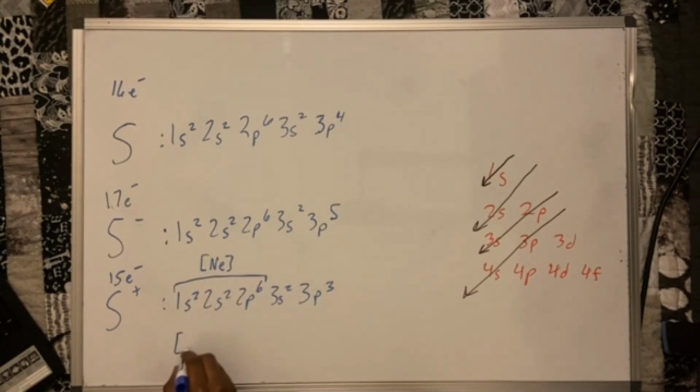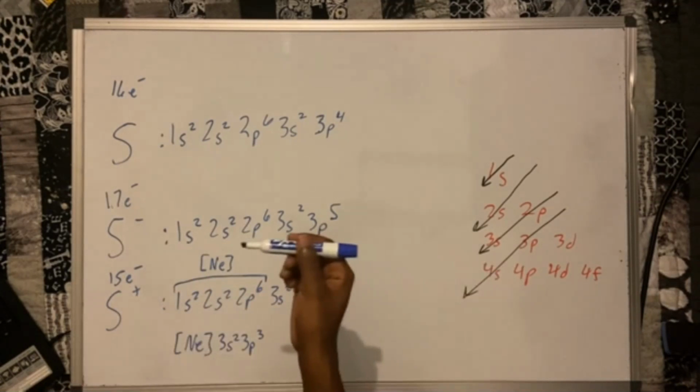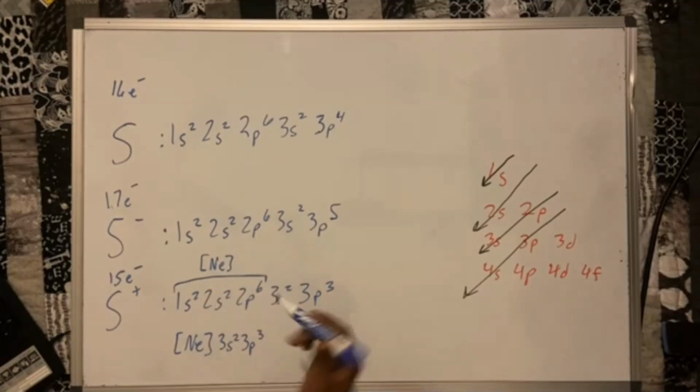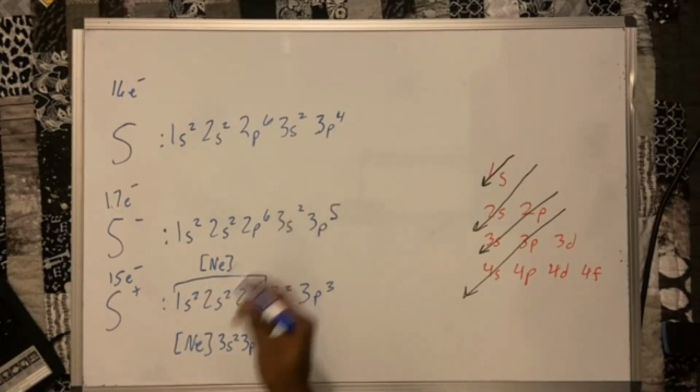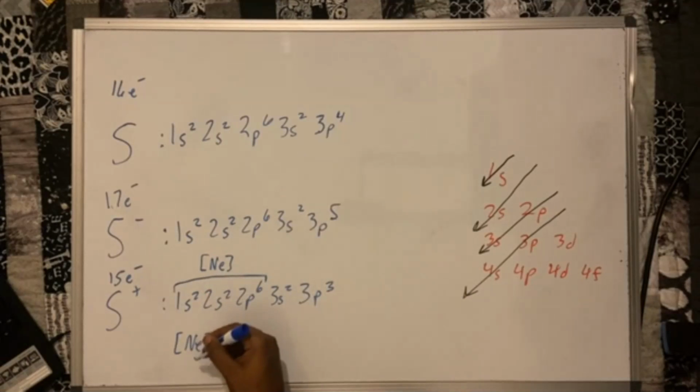So it'll look like neon, 3s2, 3p3. If you do it this way for any element, it's the noble gas that comes before, following the rows this way and then up. So neon's the noble gas that comes before sulfur, so we'll put neon and then 3s2 and 3p3.